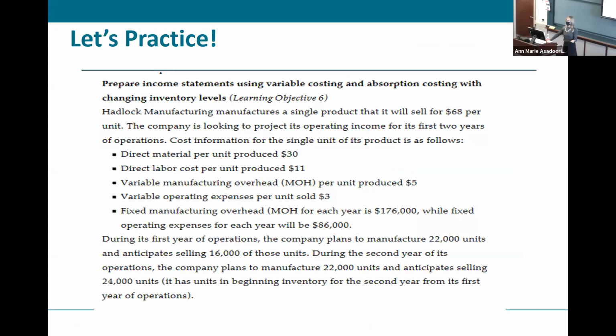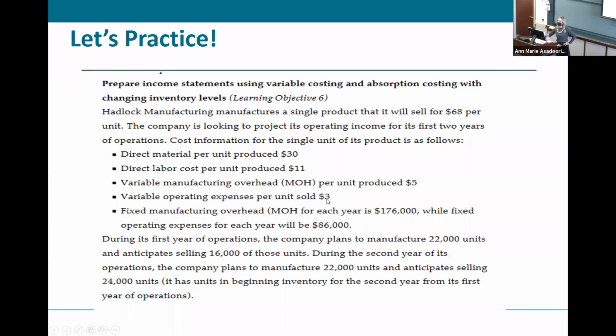All right, so let's take a look at the data again, and we'll go through this again. We had already done the income statement for year one, but let's do it again. So here we have a company that sells a product for selling price 68. And then I give you all of the information here. Direct material cost per unit 30. Direct labor costs per unit is 11. $5 for variable overhead.